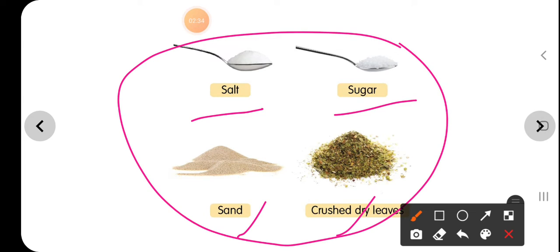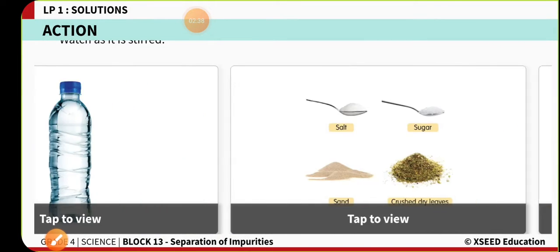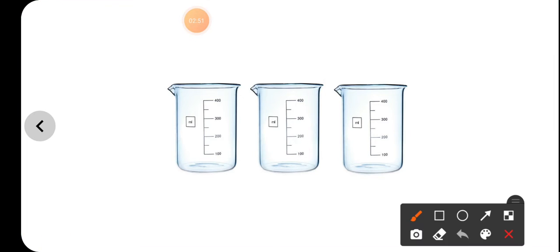Take all these four substances along with water. Now take a few beakers. If you do not have beakers, you can use glasses. Fill half of each glass with water.